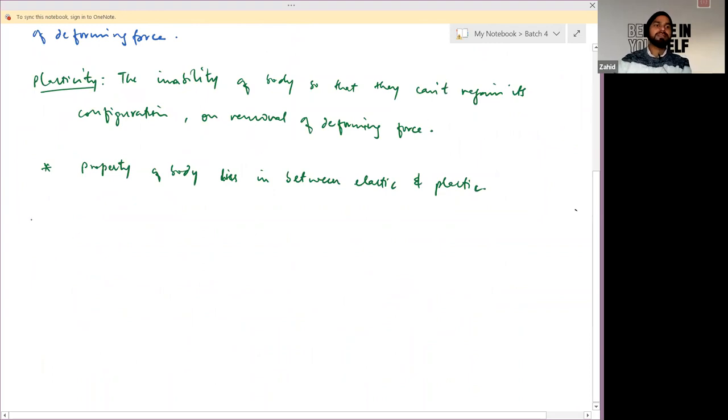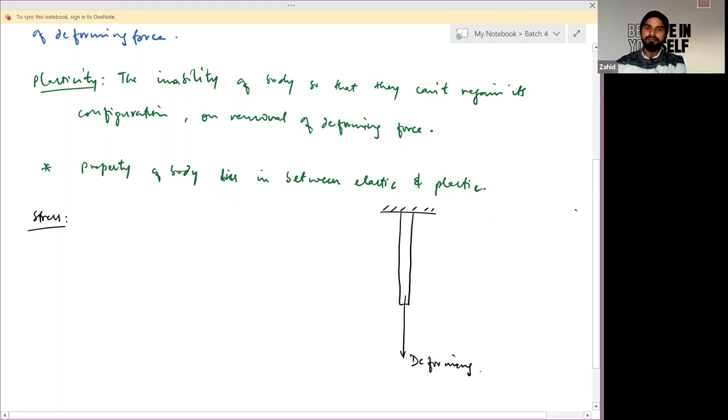Now, the first term in this is stress. Suppose there is a body or solid hanging from a support, and you apply a deforming force on it, with area of cross section A. Stress is the amount of deforming force acting on the body per unit area.